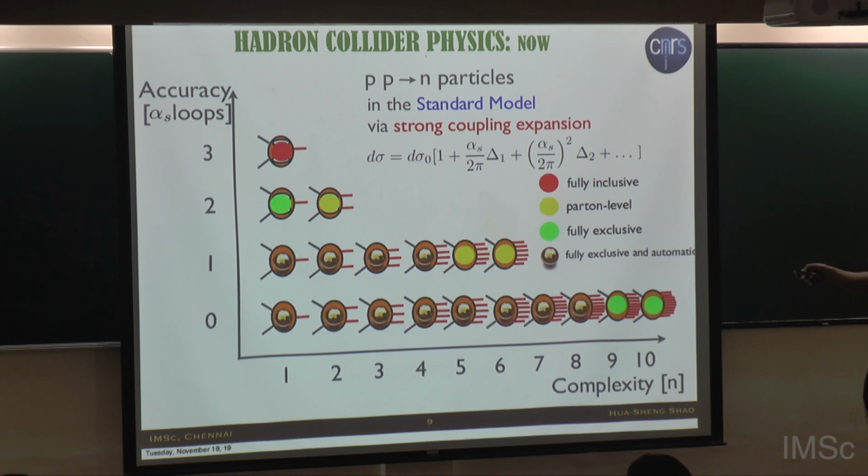But right now, you see that even at the 2-to-3 level, most of them are fully automatic, even up to 2-to-8 processes at leading order, tree level, and at one loop, typically you can go to 2-to-4. That's motivated by the LHC program and also the huge progress in the technologies.